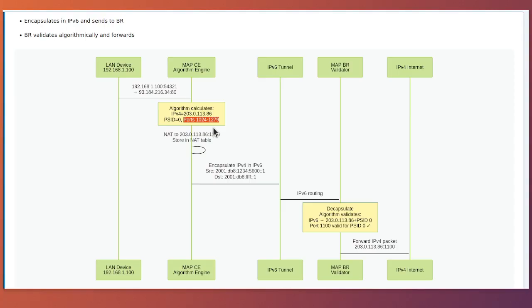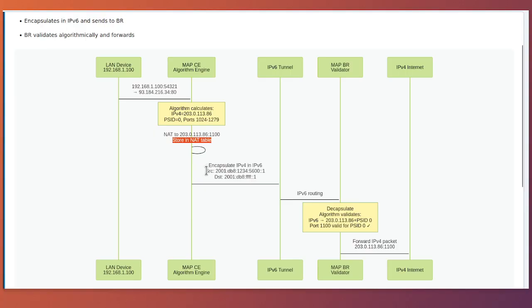The CE performs NAT translation, replacing the source IP 192.168.1.100 with 203.0.113.86, and selecting an available port from its range, for example, 1100. It creates a NAT binding in its state table. The CE then encapsulates this translated IPv4 packet in an IPv6 header.